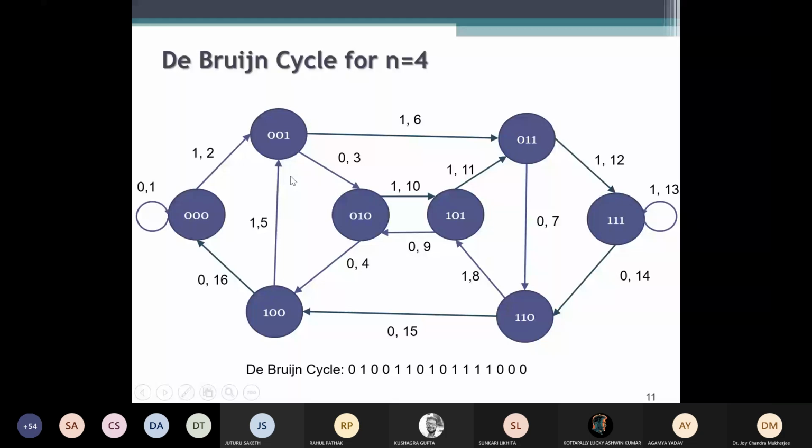Sorry, the last n minus 2 entries. So its last n minus 2 entries 0 1 are the first n minus 2 entries of this 0 1. So there is an edge between them, and its label is the last bit of B, which is 1. So 1 is this.